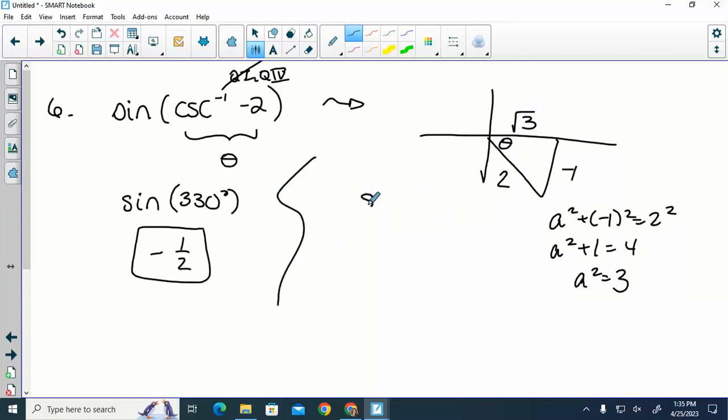So then you just have to find sine from that angle. So sine, opposite over hypotenuse, we still get negative 1/2. So if you recognize the angles, great. If not, triangle still works here. Number 7, you also had to set up a triangle for. Is there anything else on the first page that you guys want me to talk about?